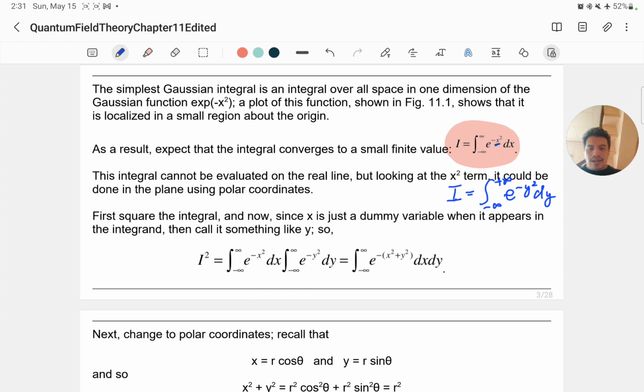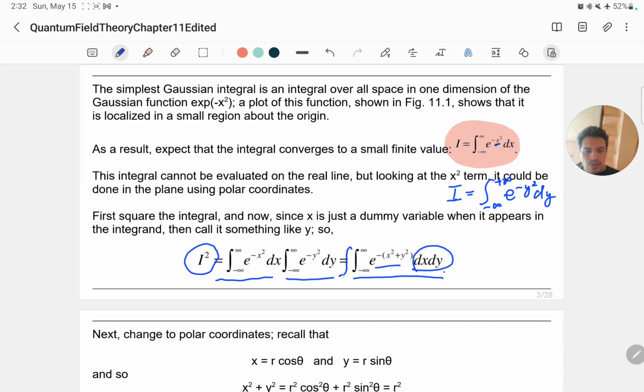So to solve I, we can multiply two Gaussian integrals like this. So this is now I square, and of course you can simplify it to this one. So you have a product of two differentials here and the product of the functions that are going to be integrated, and they have the same limits.